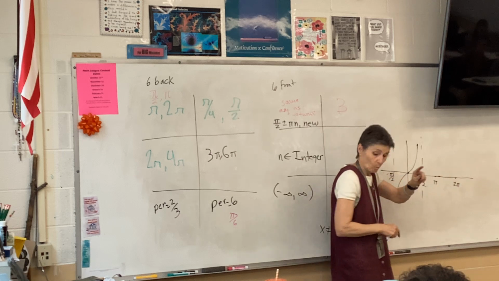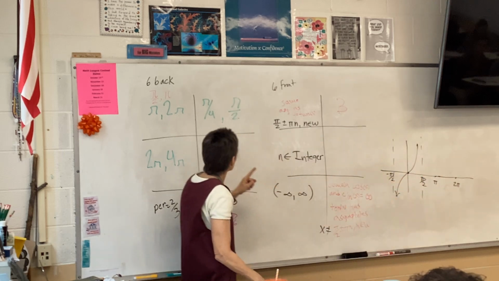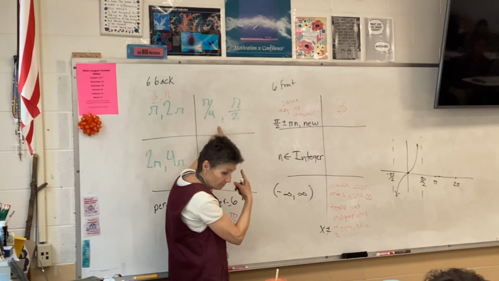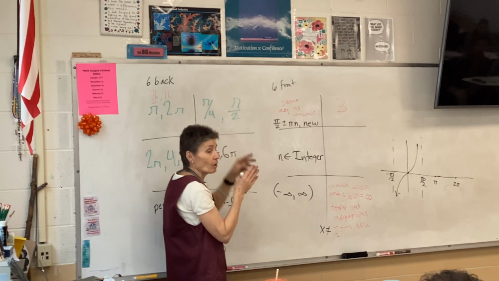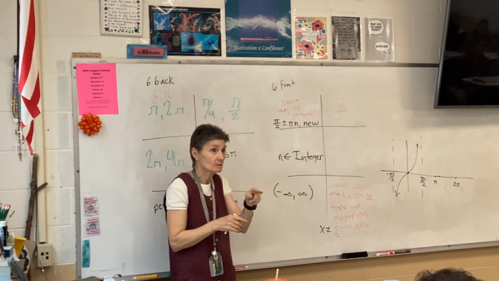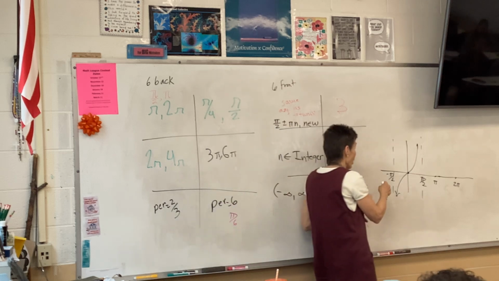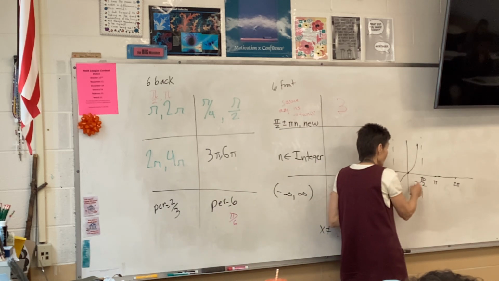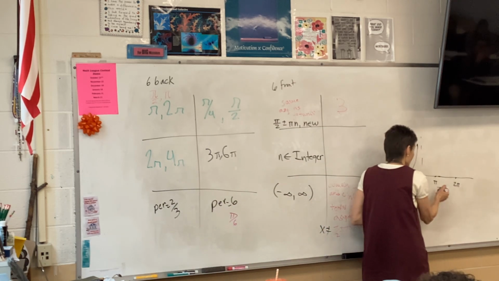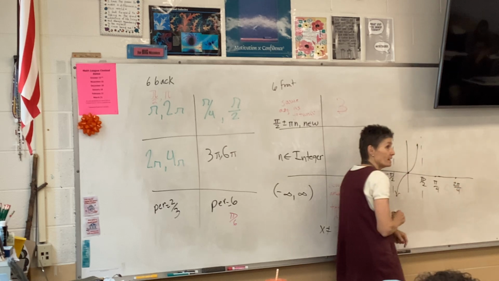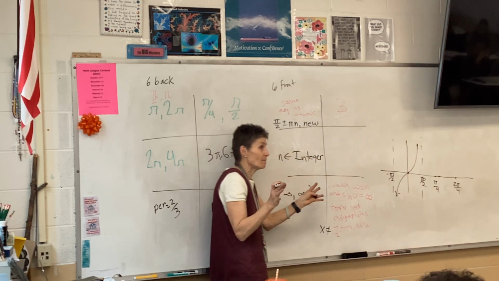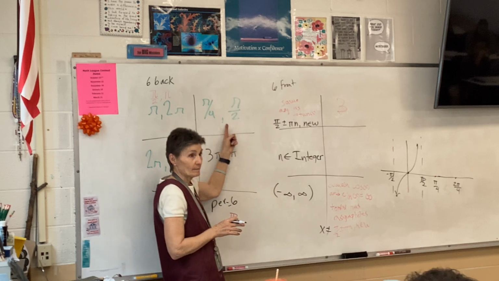For the normal regular tangent, the x-intercepts, the zeros, are at 0, pi, 2 pi, and so on. Well, in this problem, we divided our horizontal by 4, so everything's going to be divided by 4. I think that's right.